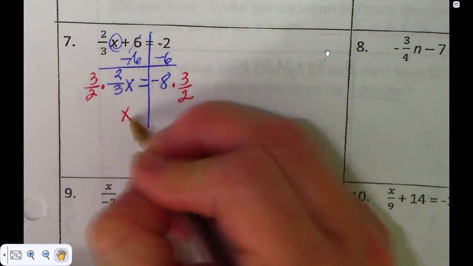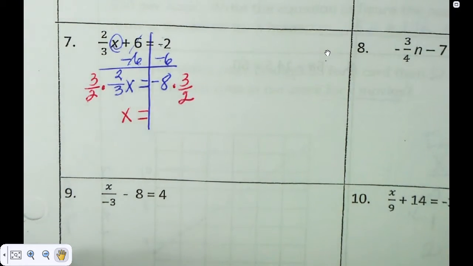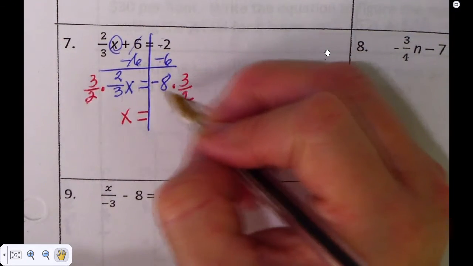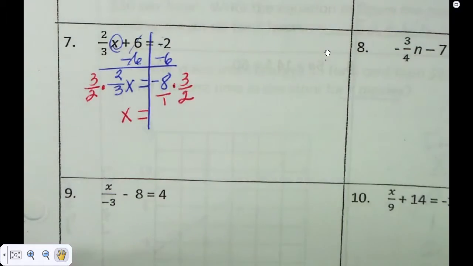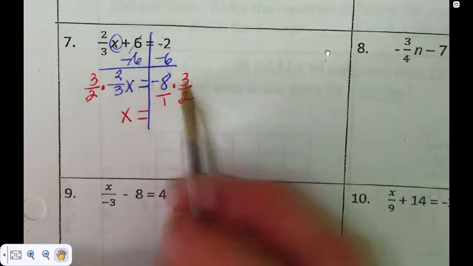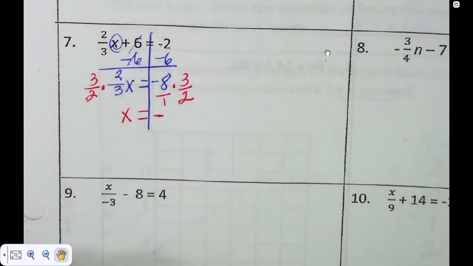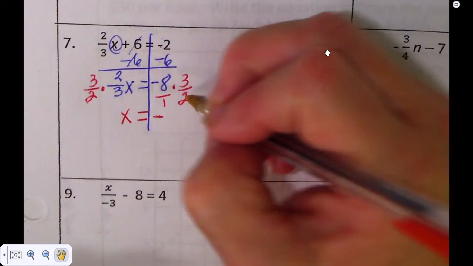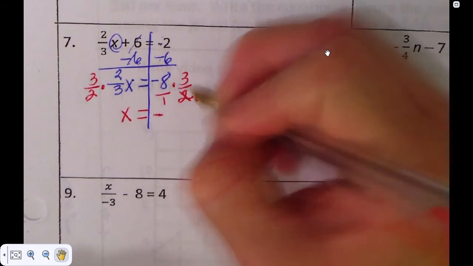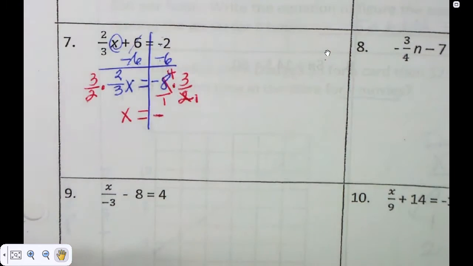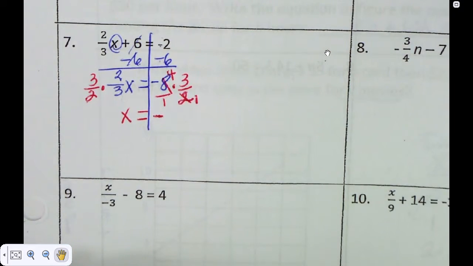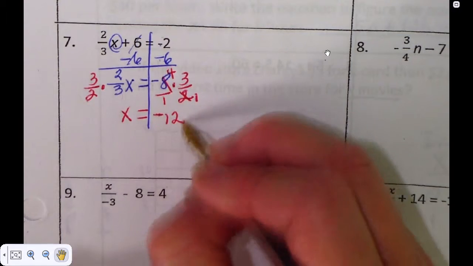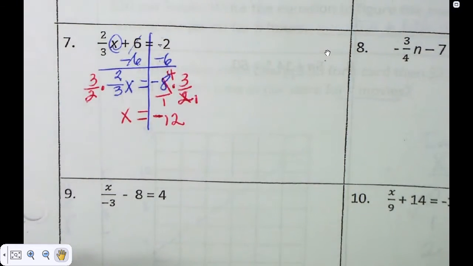So you're going to get x equals, can't we do this real quick? Put that over 1. We know negative times positive is a negative. And I can reduce. 2 goes into 2 one time. 2 goes into 8 4. So what do you get? -12 over 1, which is just -12.